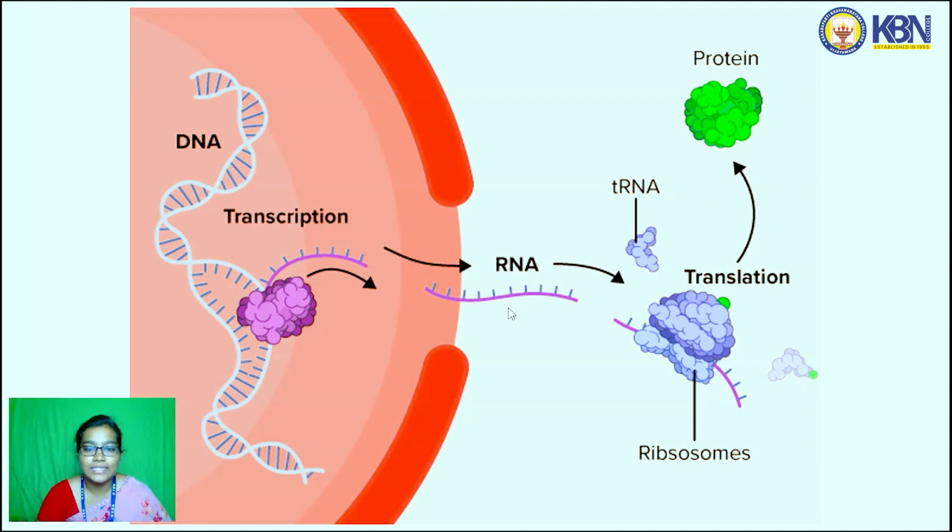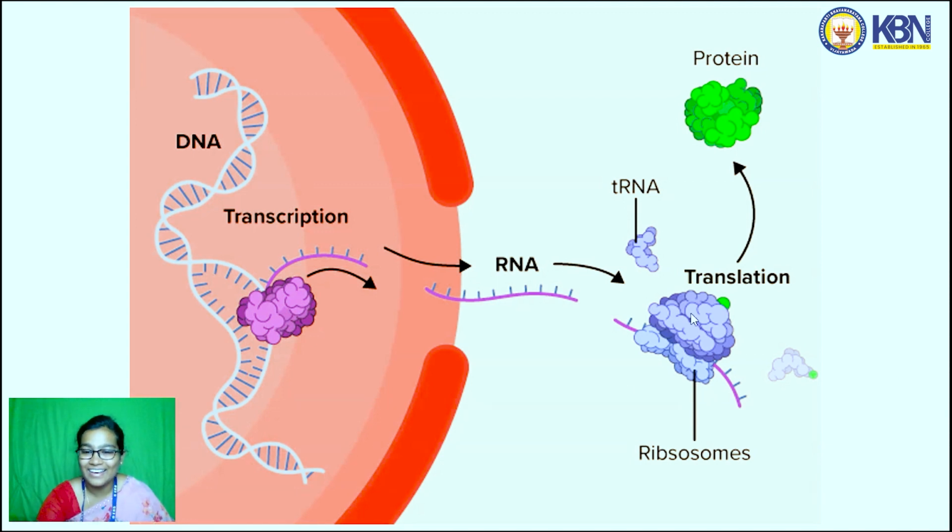After the RNA is ready, RNA travels out from the cell or from the nucleus into the cytoplasm, and there it finds a ribosome. Ribosome is an essential molecule which helps in decoding the RNA into protein.